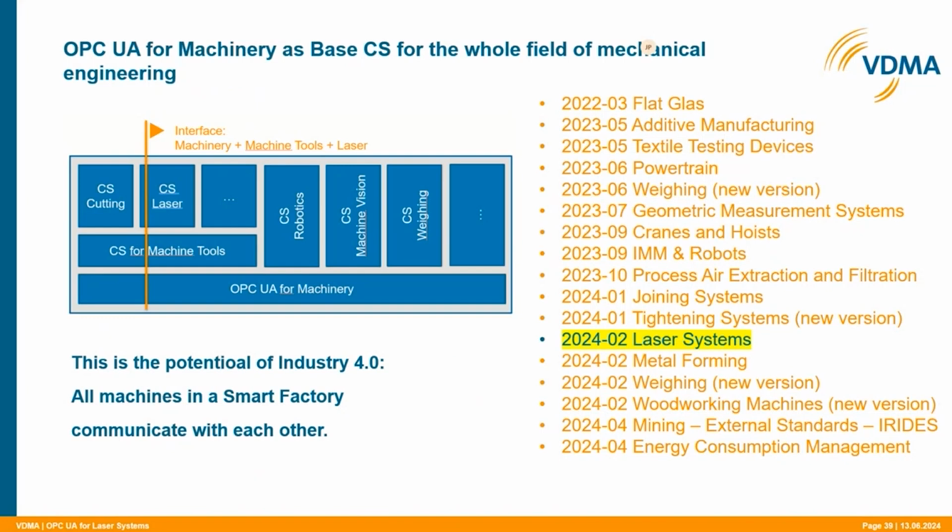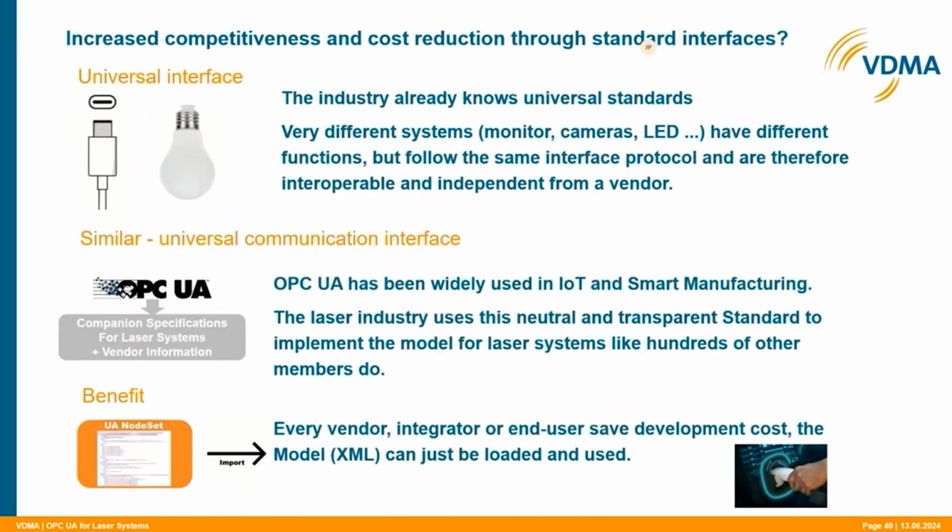And now we look at the question why OPC UA standard can reduce costs. I mean, if we look at other universal interfaces, for example, our old E27 light bulb socket, everybody knows that, or our more modern USB interface, we see very different functions, such as keyboards, mouse, monitor on the light bulb, LEDs, modern LEDs, whatever you can think of.